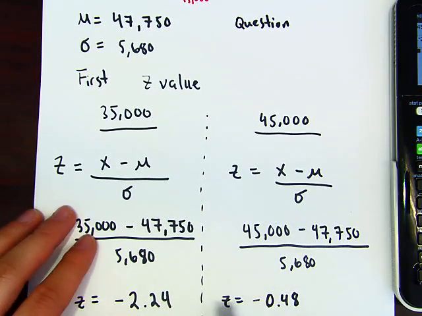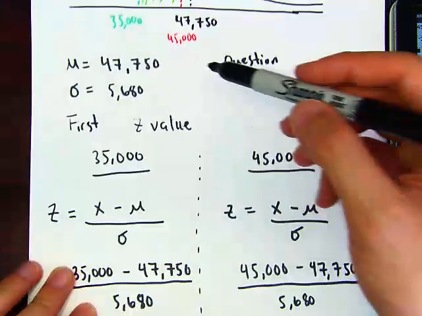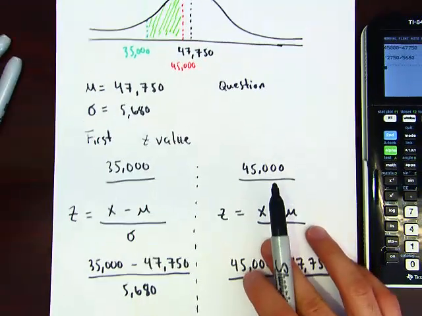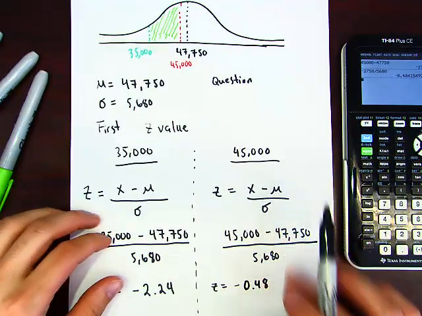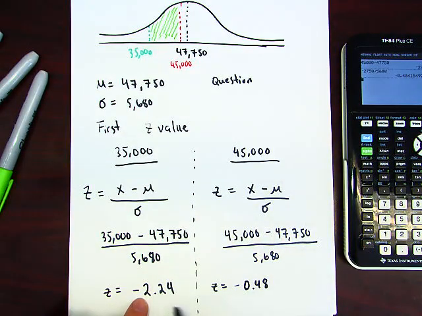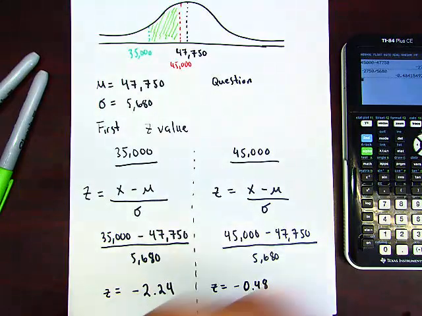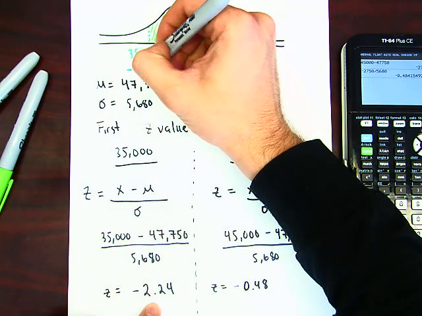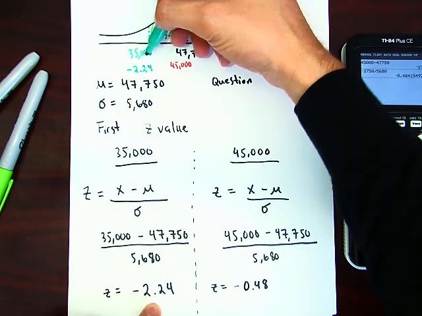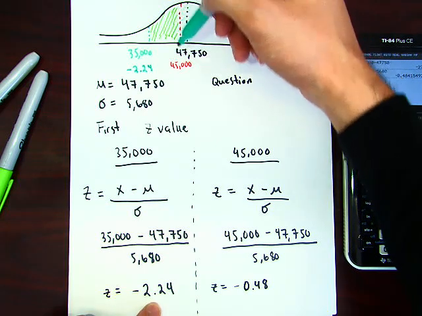They represent the standard deviation. This is how far, here, let me zoom out a little bit. So these two numbers over here represent this teal value here. This teal value, this 35,000 is -2.24 standard deviations away from the center.